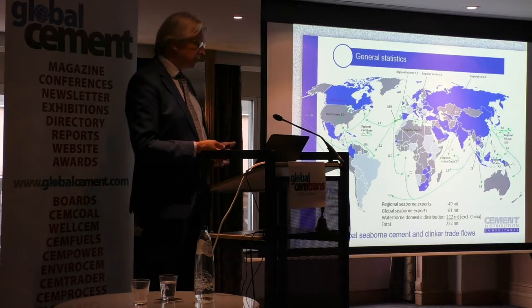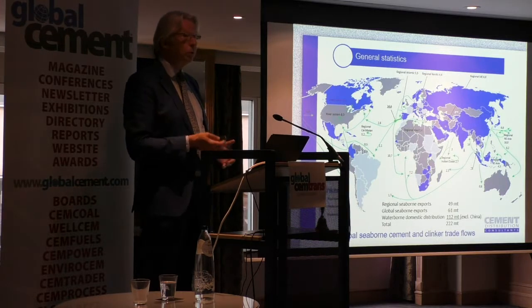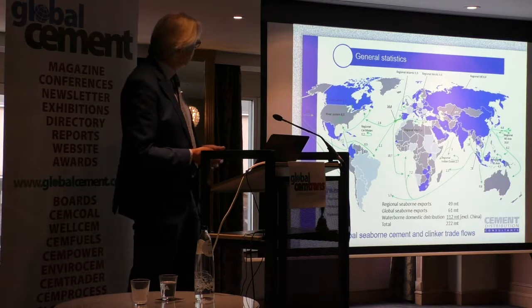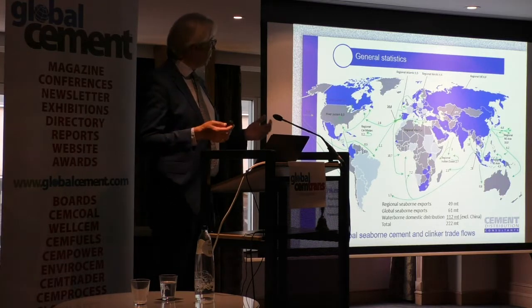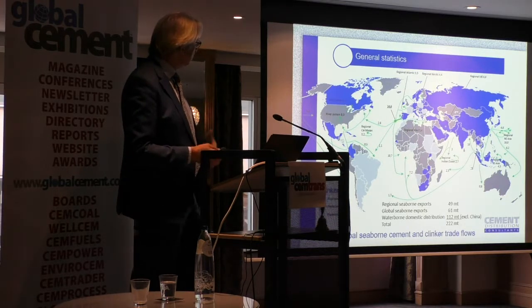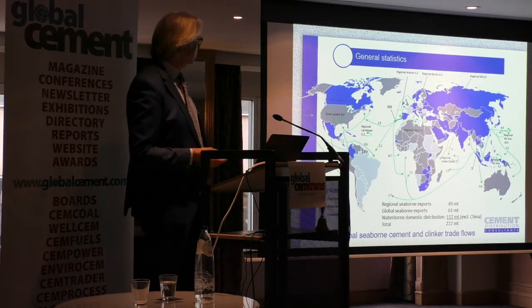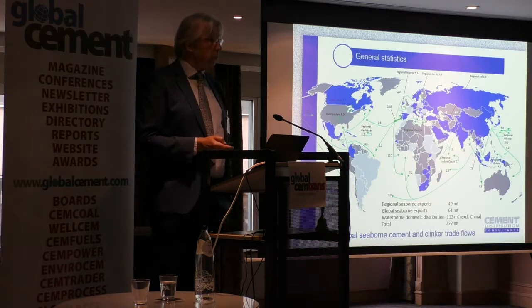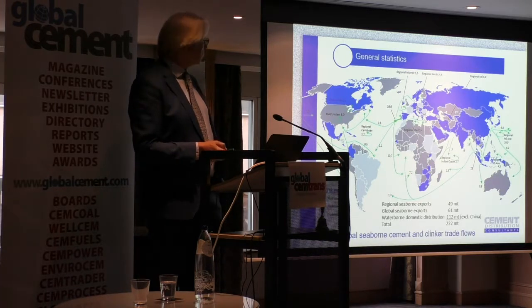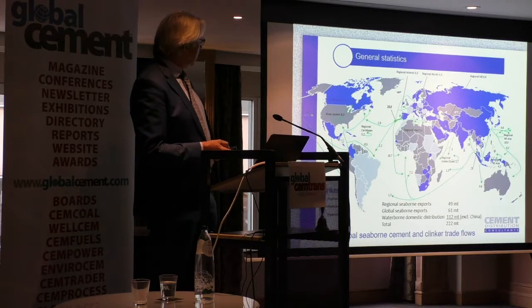The United States has got a pretty good system where you can really follow every shipment of cement that comes in. But of course, for Africa, for large parts of Asia, for South America, that's much less clear, and you have to basically know the industry quite well to understand where those exports are all going to.